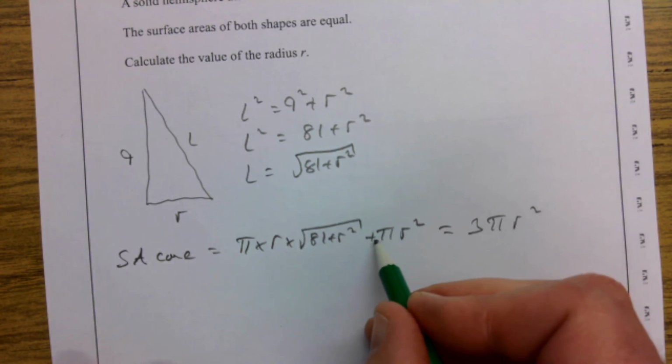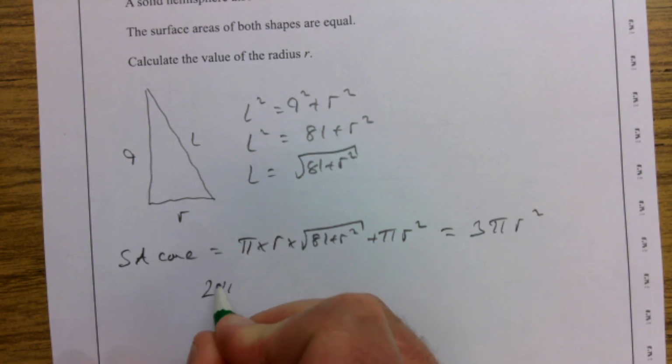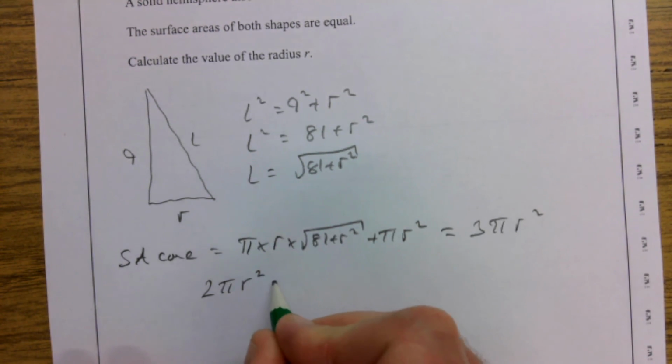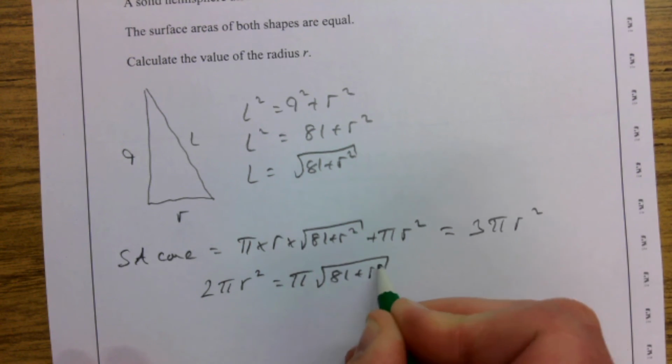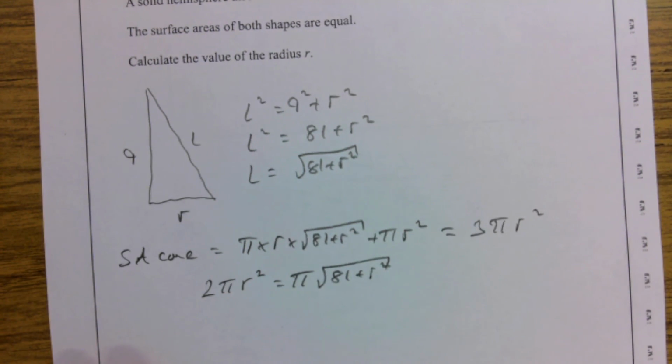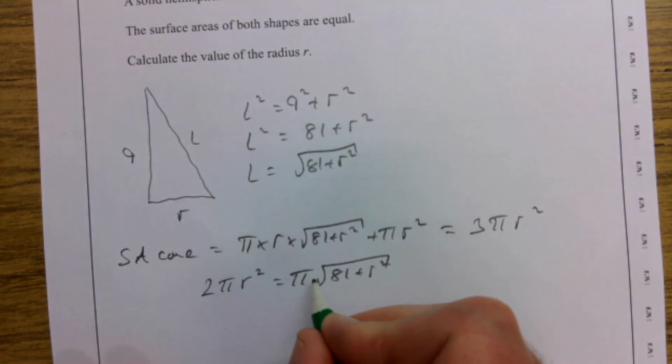There's a pi r squared there, and 3 pi r squared there, so I'm going to change those two around. So I'm going to go 2 pi r squared is equal to pi r root 81 plus r squared.